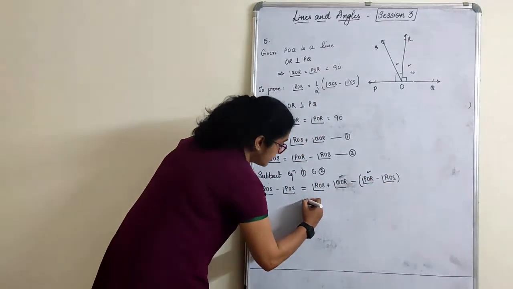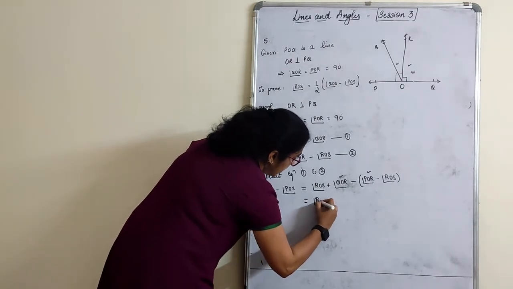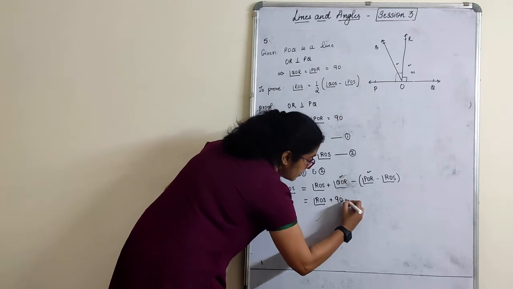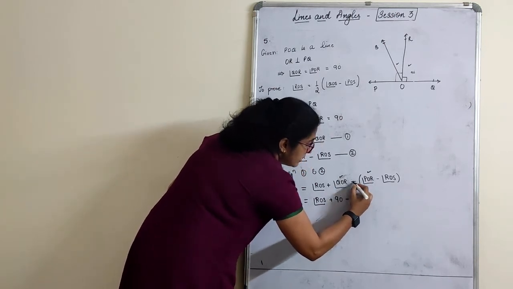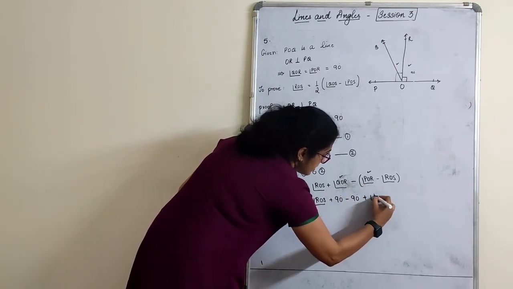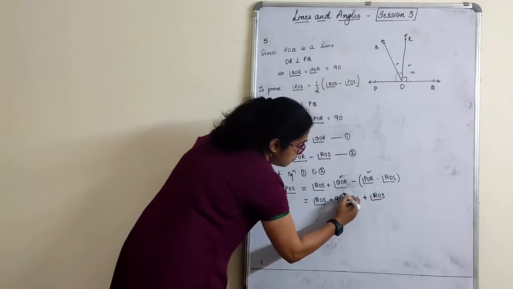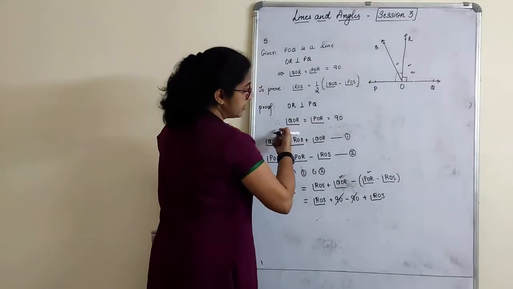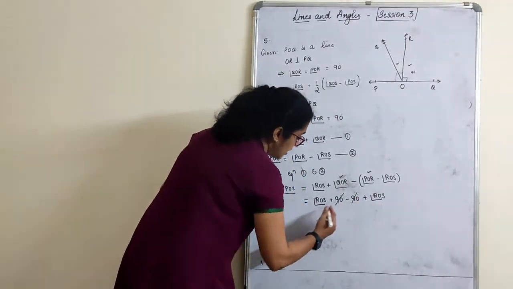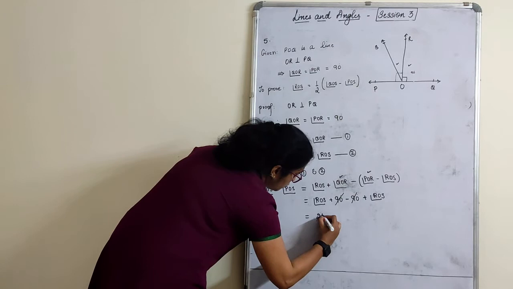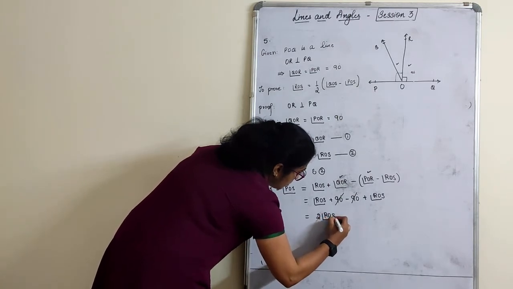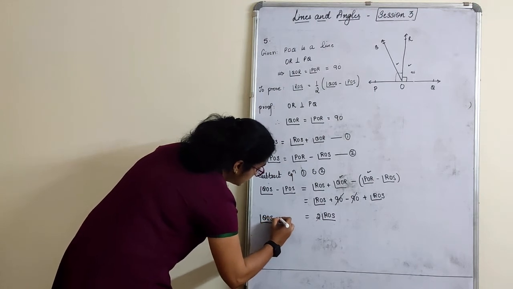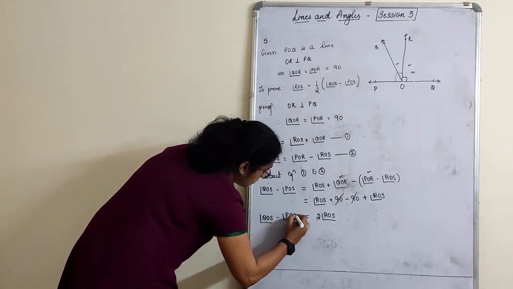Let us substitute that. It is equal to angle ROS plus 90 minus 90 plus ROS, the 90s cancel. So 2 times angle ROS is equal to angle QOS minus angle POS.